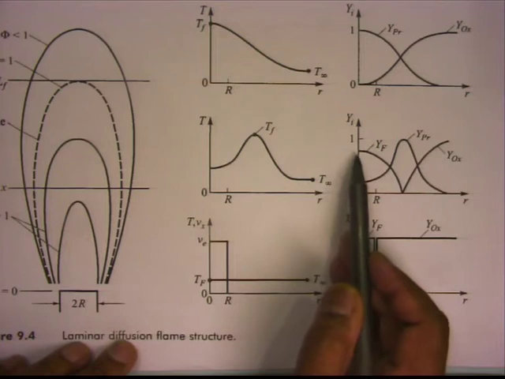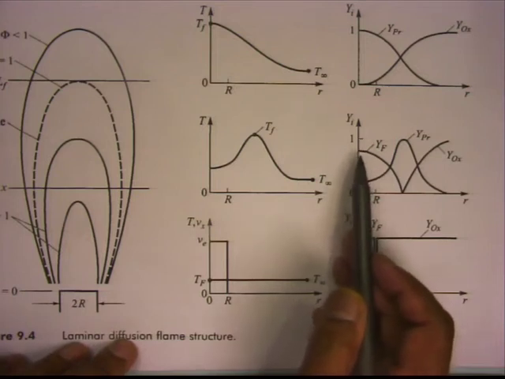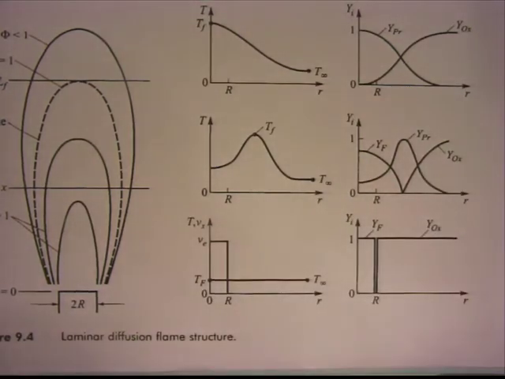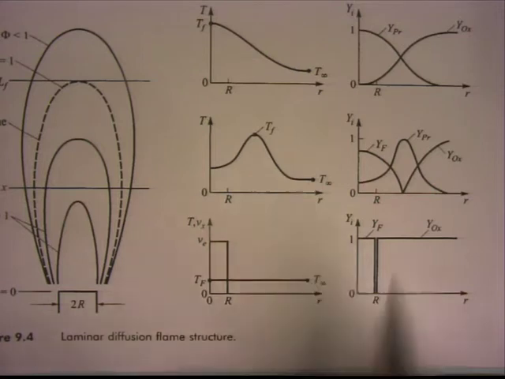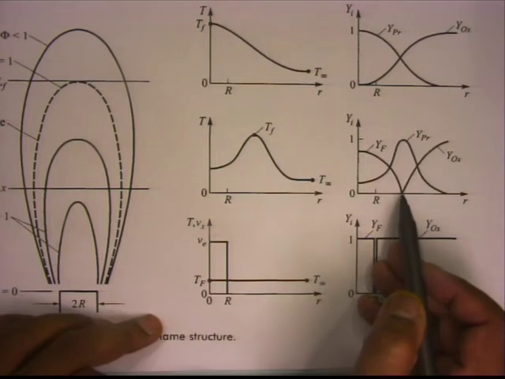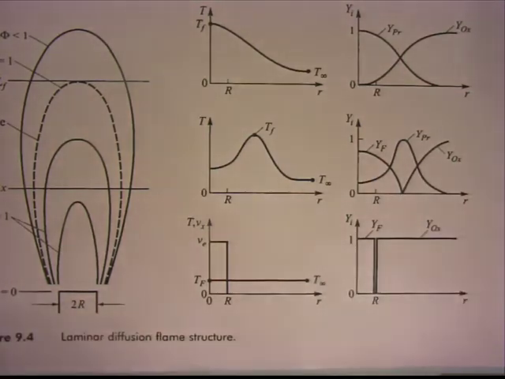This is YF value at the center line. It is less than 1, reasonable? Yeah, because the fuel would actually diffuse out, isn't it? So the center line value will decay. We know that from the non-reacting jet, but here also we'll expect the same thing. So this is YF, and then that YF comes down and it comes to a very low value, probably even 0 here. Okay. So where does it come to 0, and why does it come to 0?